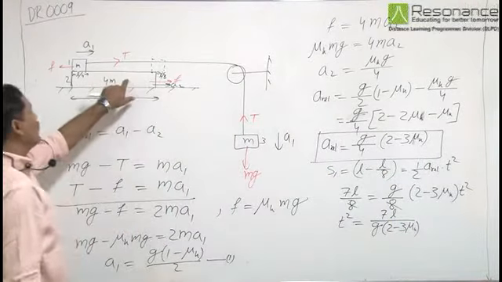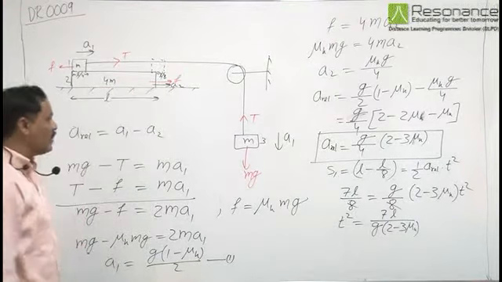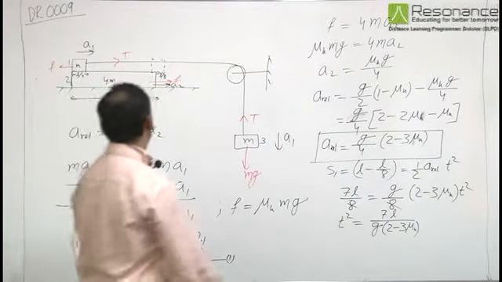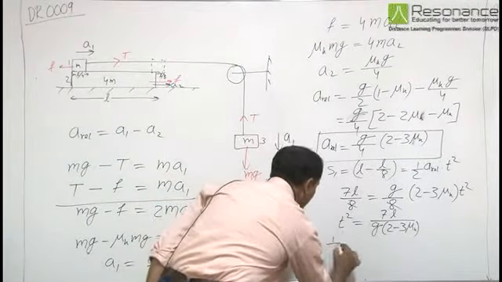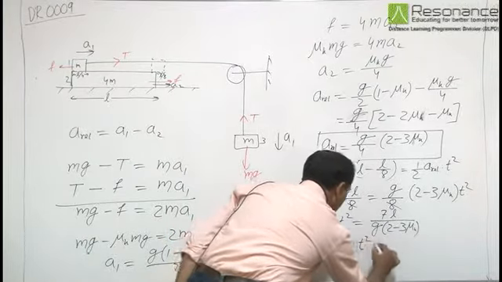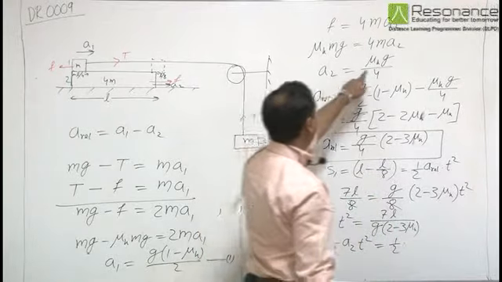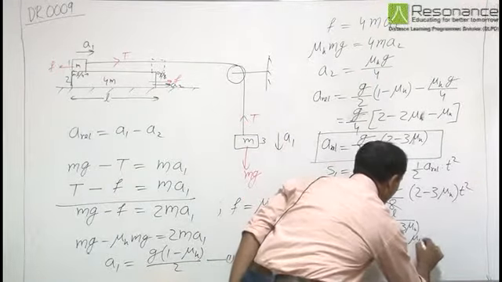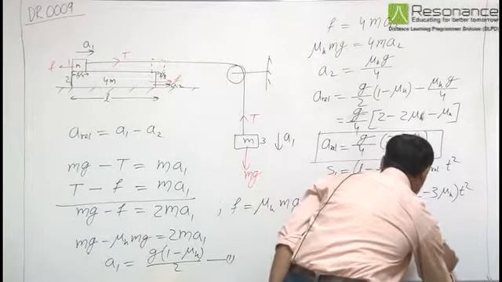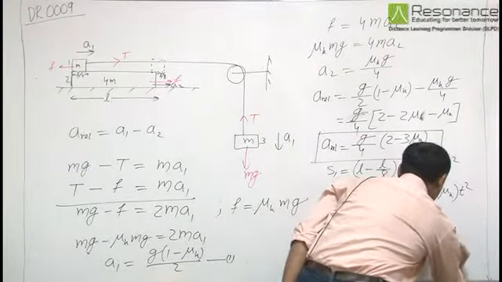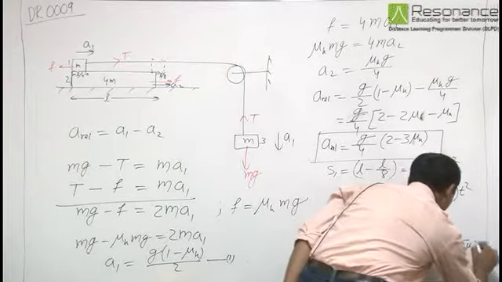And as the second block is moving with acceleration a2 in the same duration, the distance travelled by 2 in the same duration, h2, is equal to half a2 into t square, that is half into mu k g by 4 into t square, which is 7L by g into (2 minus 3 mu k).